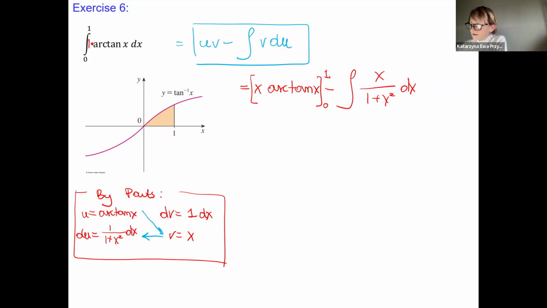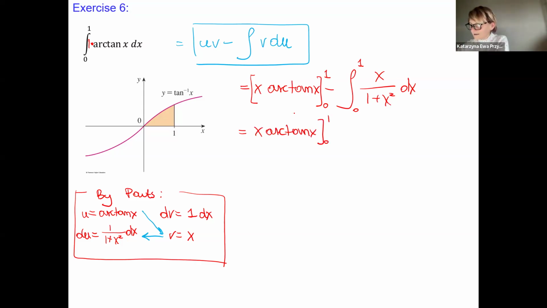This will be evaluated from 0 to 1, and also this one. Okay, what about this integral? Do we know what to use? It's a variable on the top. It will be the u substitution. Yes, it will be the u substitution.